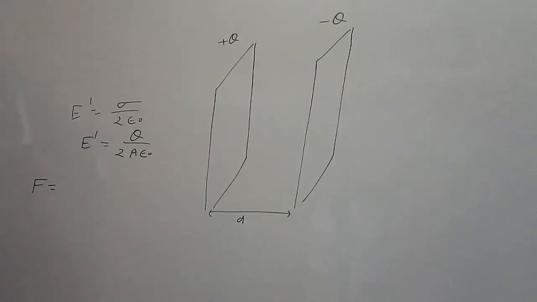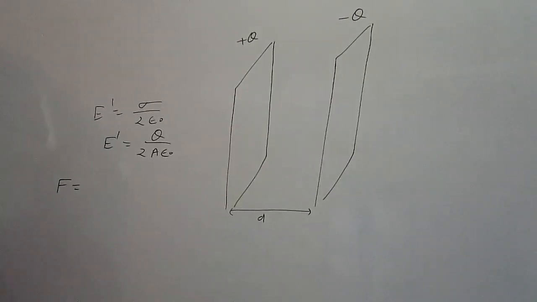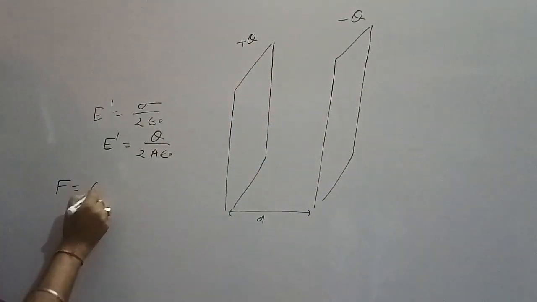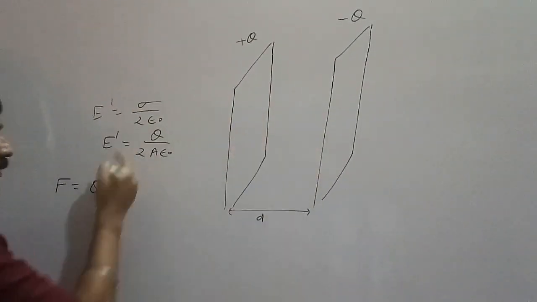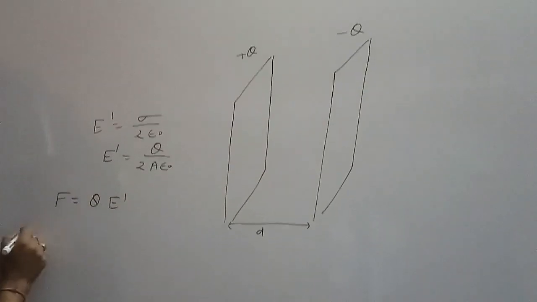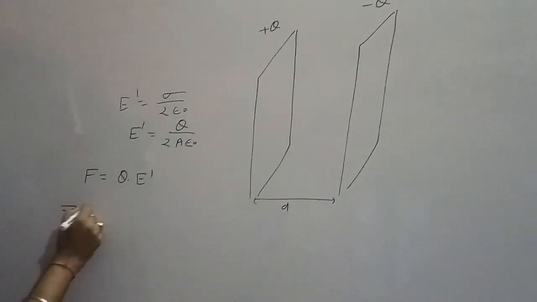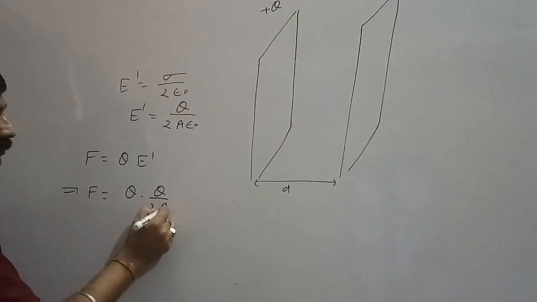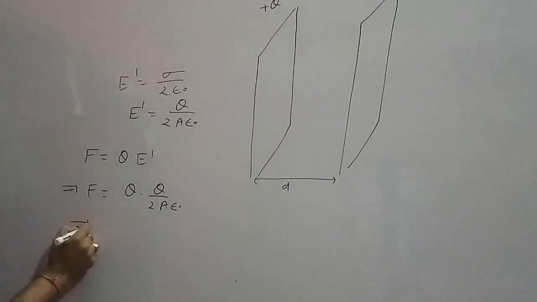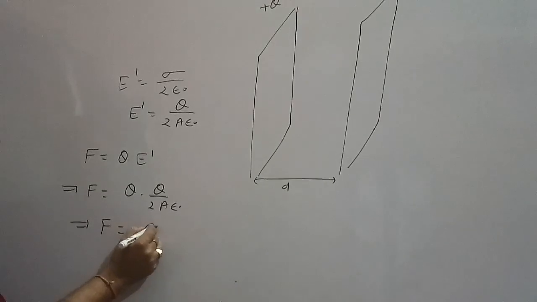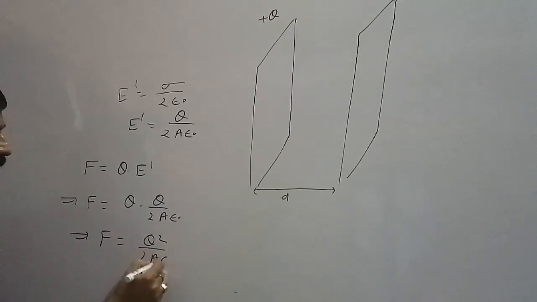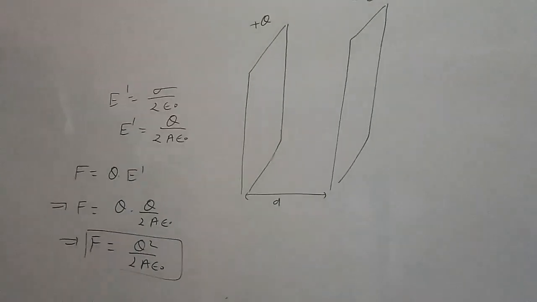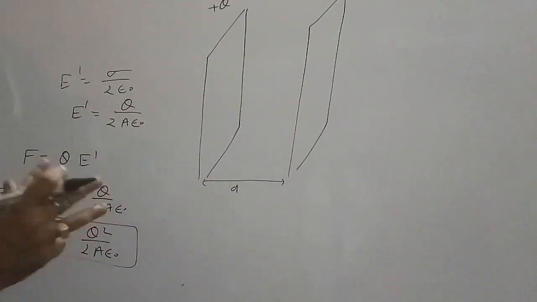That force is called Lorentz force, which can be calculated by the formula QE. What is the magnitude of charge on this plate? Q. What is the intensity here? E dash. So the force on this plate will be Q square upon 2A epsilon naught.